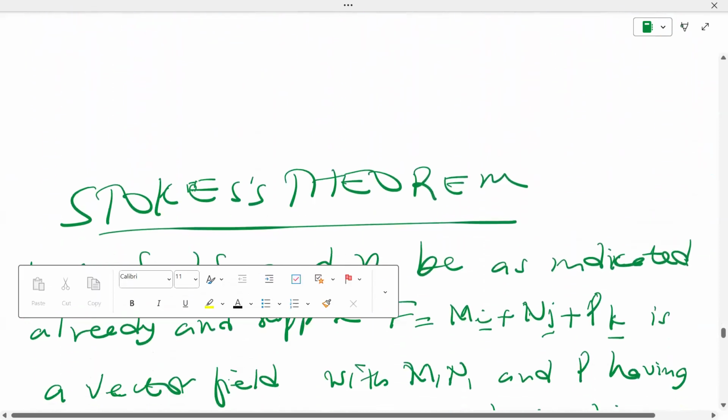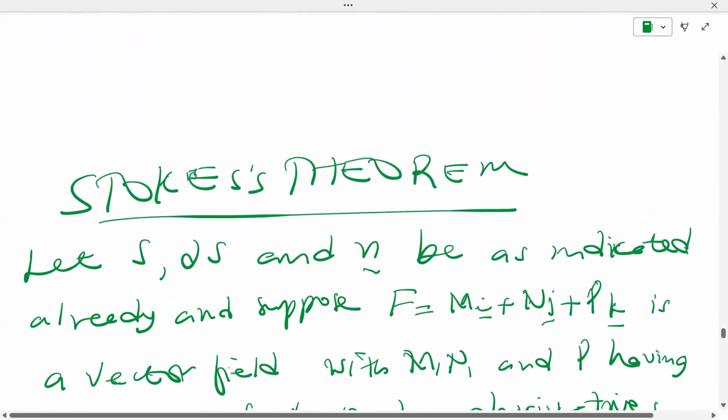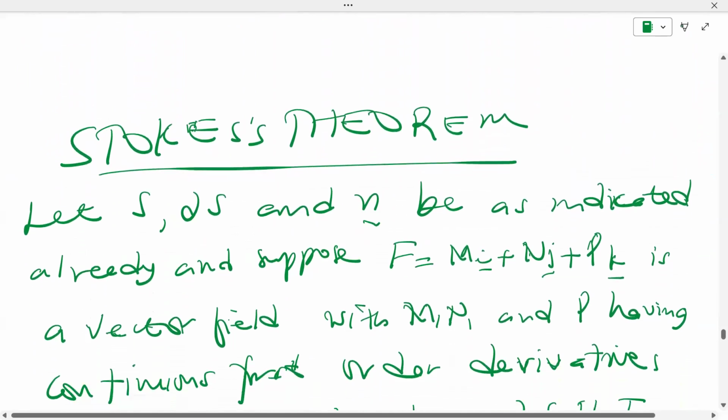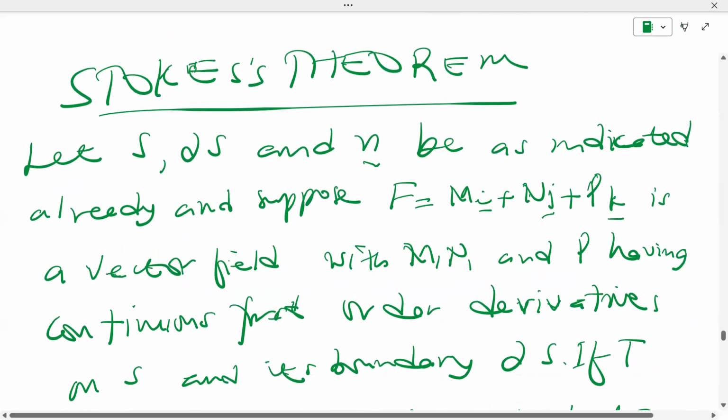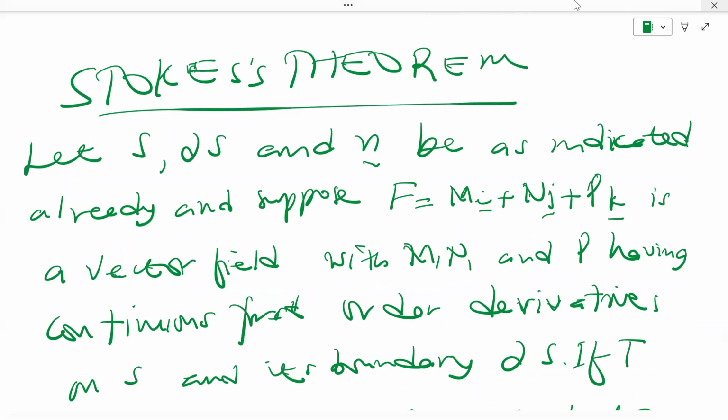Fantastic. We are moving on to Stokes' theorem. So in Stokes' theorem, we are saying that let S and the boundary be as indicated already, and suppose F is equal to that.